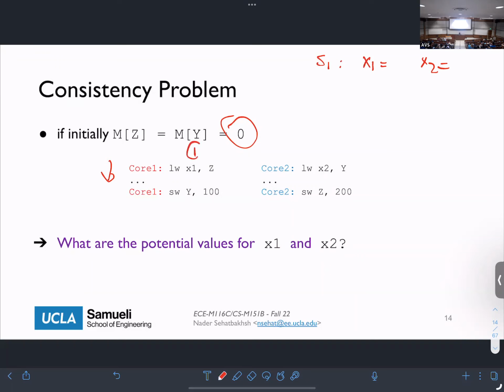So this is 1, then this 2, and then maybe this 3, and then this 4. So 0, 0. Anything else?